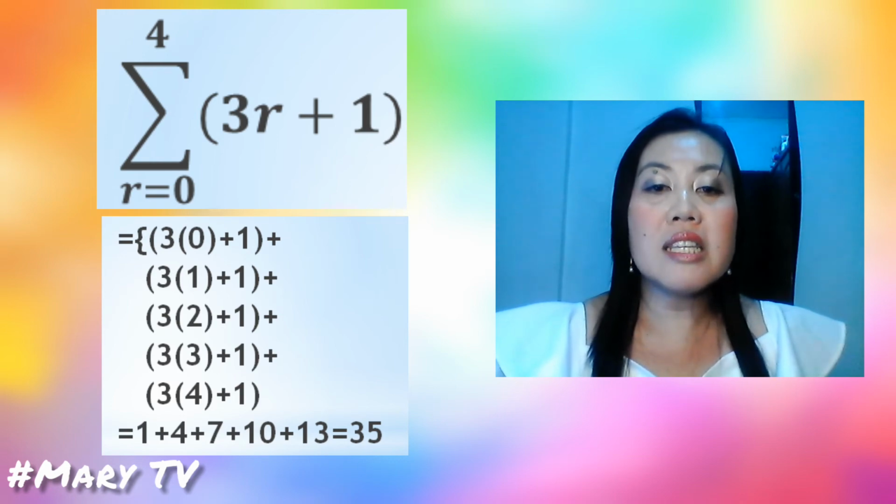For r equal to 2, 3 times 2 plus 1 is equal to 7. For r equal to 3, 3 times 3 plus 1 is equal to 10. For r equal to 4, 3 times 4 plus 1 is equal to 13. So 1 plus 4 plus 7 plus 10 plus 13 is equal to 35.